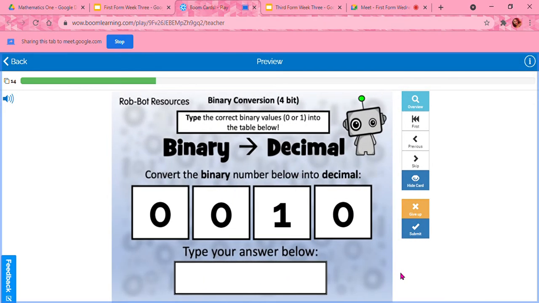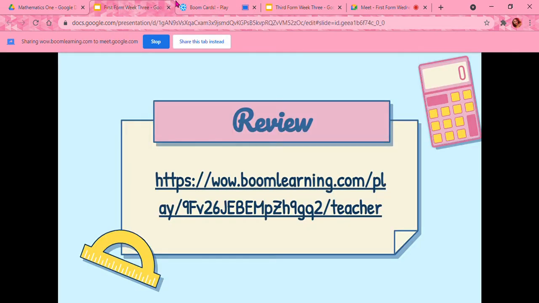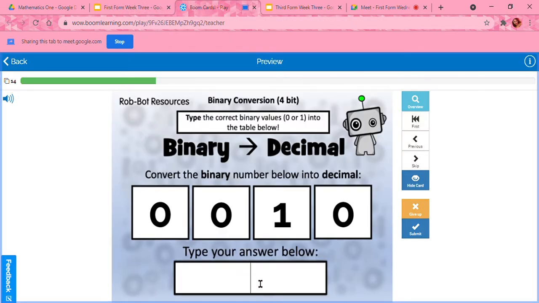The next one. Remember that this one has a power of 1 and this one has a power of 2. So what would your answer be? 2.